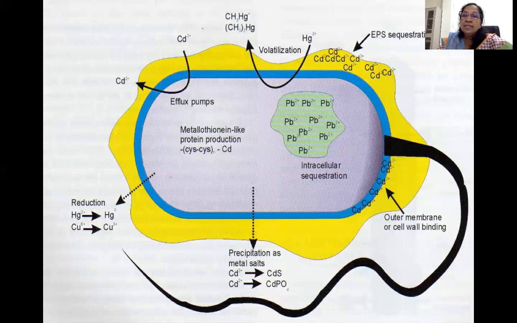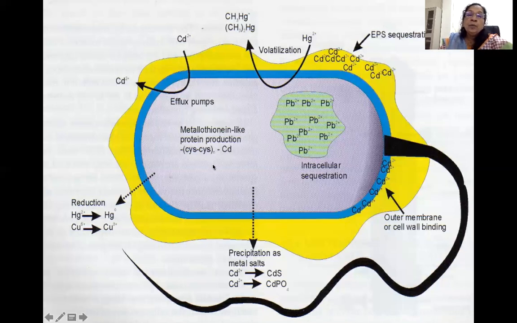That is called cell wall binding. And certain microbes are able to precipitate the metals as salts. Already I told you, cadmium as sulfide salts or phosphate salts. They form salts with the non-metals. And certain heavy metals are reduced. For example, mercury and copper are reduced by changing to a reduced form.